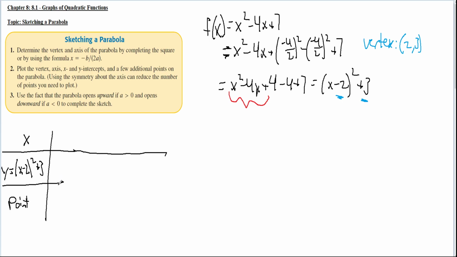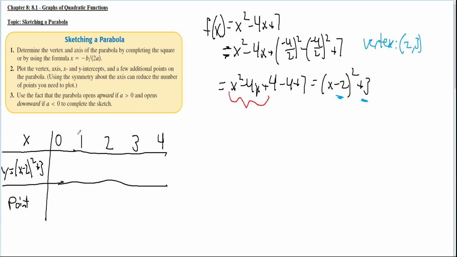It's always helpful to have a total of at least 5 points. So from our vertex here, we can go down two and up two. Going down two, we would start at 0, and then we would have 1, 2, and then going up two, we have 3 and 4. So those are the 5 x values that we want to look at.